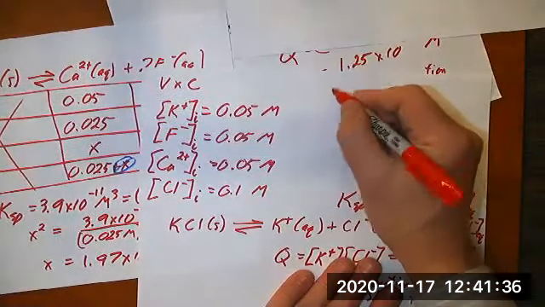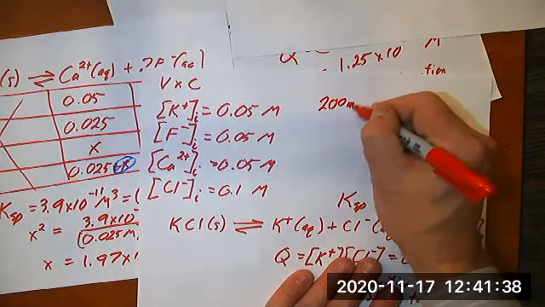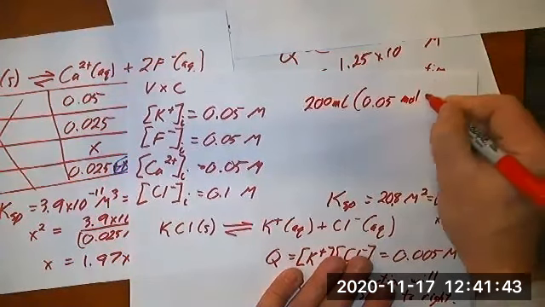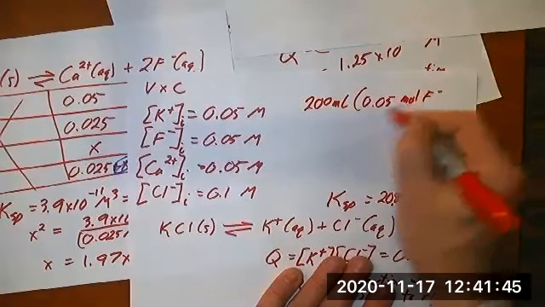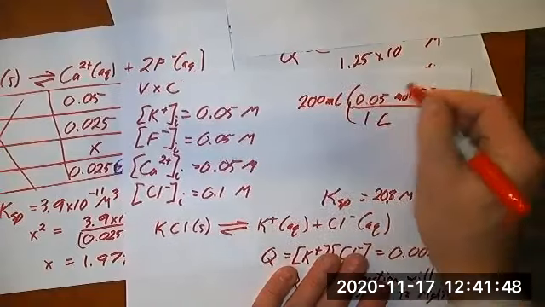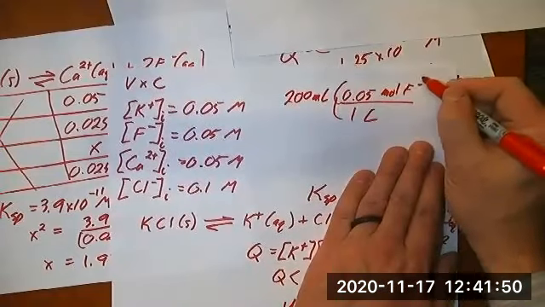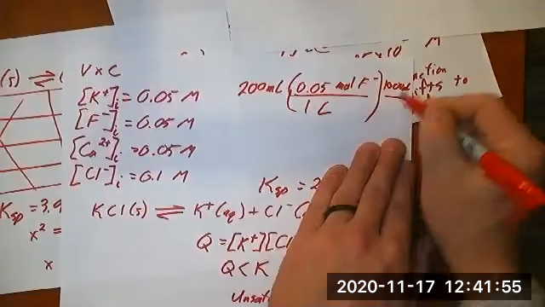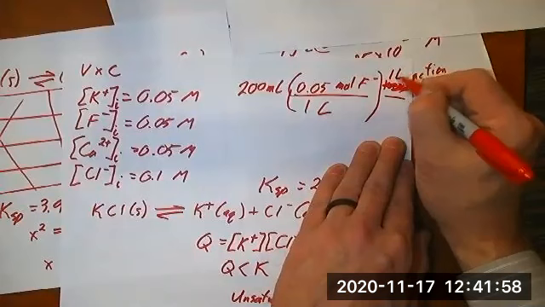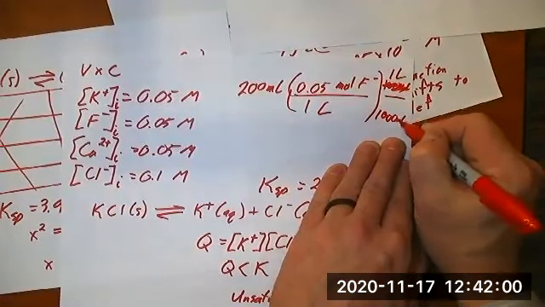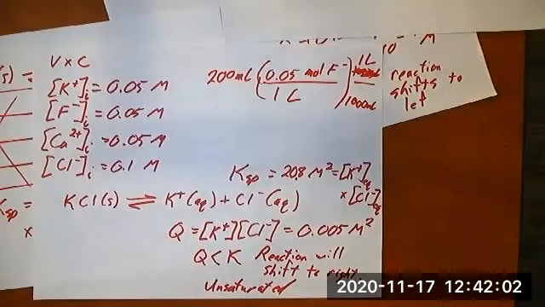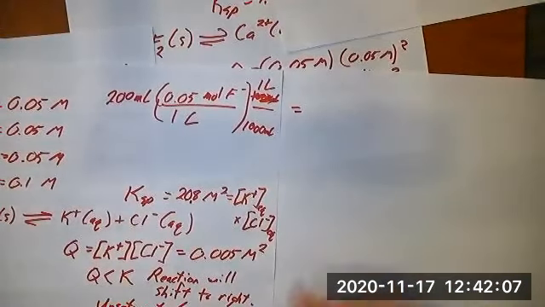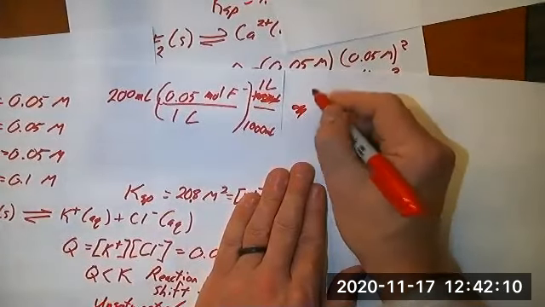So we have 200 mL of 0.05 moles of fluoride in 1 liter. So that's the molarity. 1 liter, 1,000 mL. And so that's going to tell us how many moles of fluoride ion we have.